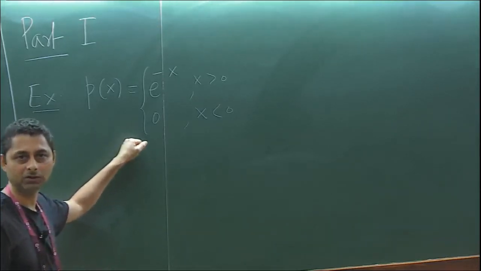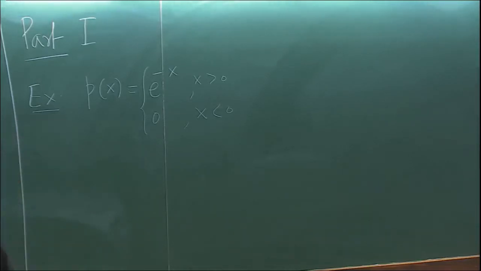We have already calculated this one. What we have to do is just find this object and suitably choose a_n and b_n such that this whole object becomes something independent of n, right?